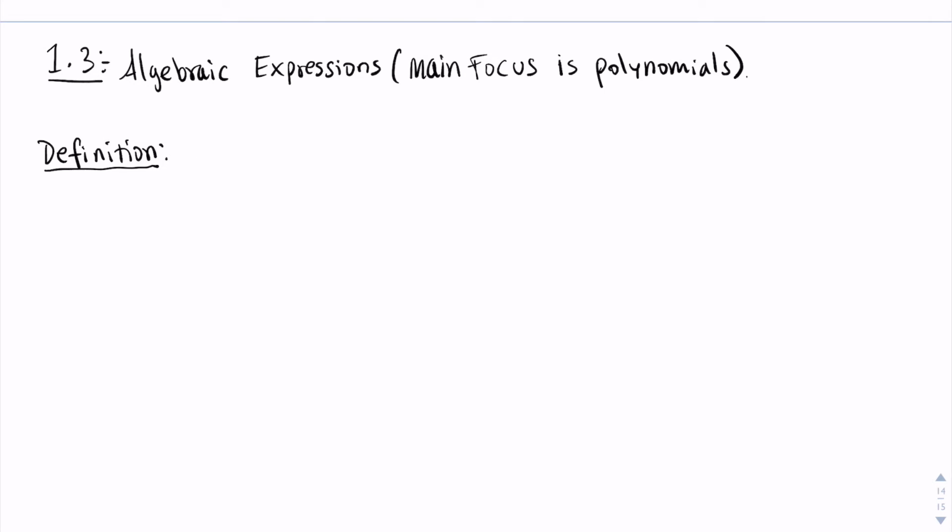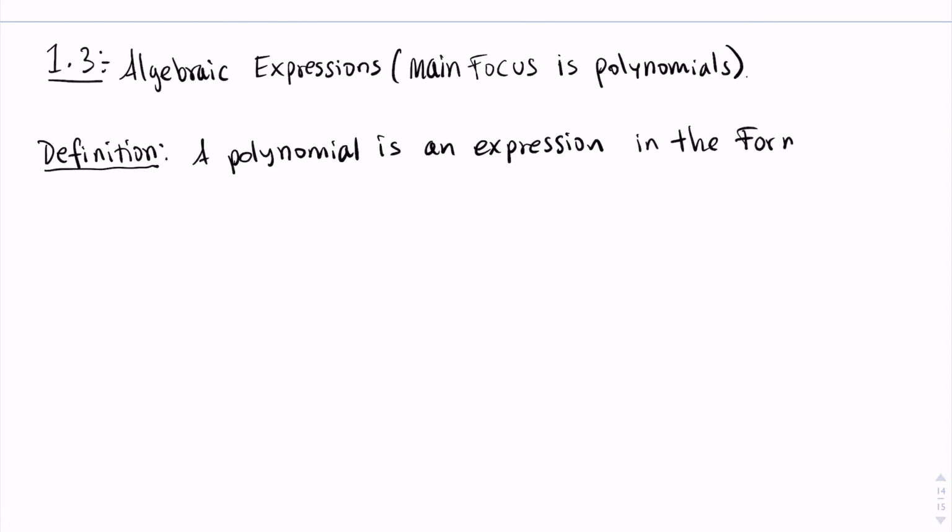A polynomial is an expression in the form, say, a coefficient times a variable, plus a second coefficient times a variable, and plus dot dot dot, and you can imagine how this is going to go, a_2 x squared plus a_1 x plus a_0.